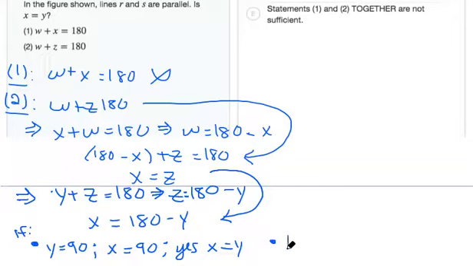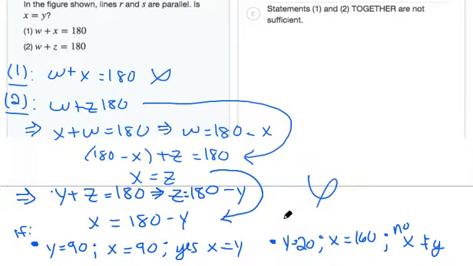Let's say Y is equal to 20. That would mean that X is equal to 160. And in this case, the answer to the question would be no, X is not equal to Y. So it depends on the value of Y. Since we don't know the actual value of Y, we can't answer yes or no for all X and Y. So this statement alone is not sufficient.